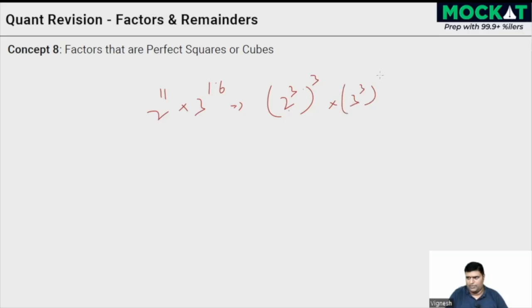Into 3 cube whole power 5, I can go up to 5, right? Okay. Now I apply the power plus 1 and power plus 1 because these are prime cubes in the required way, right? So 4 into 6 over there, 24 factors are there for this number, which are perfect cubes, okay? And what is the smallest such value? It's going to be 1 cube itself, right? 1 cube is 1, and that's a factor itself.